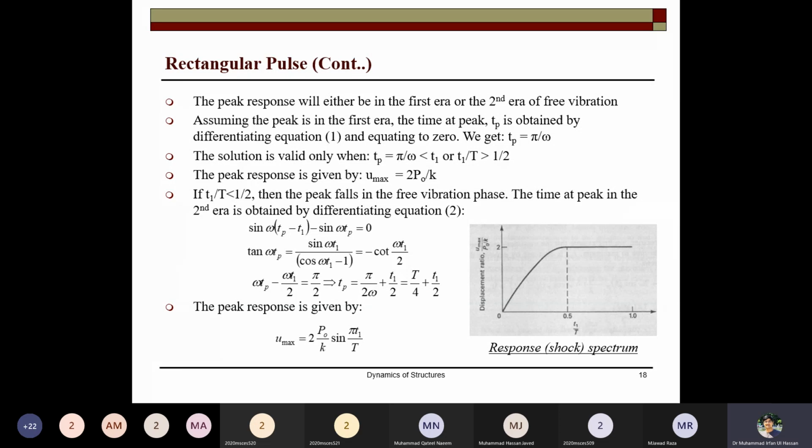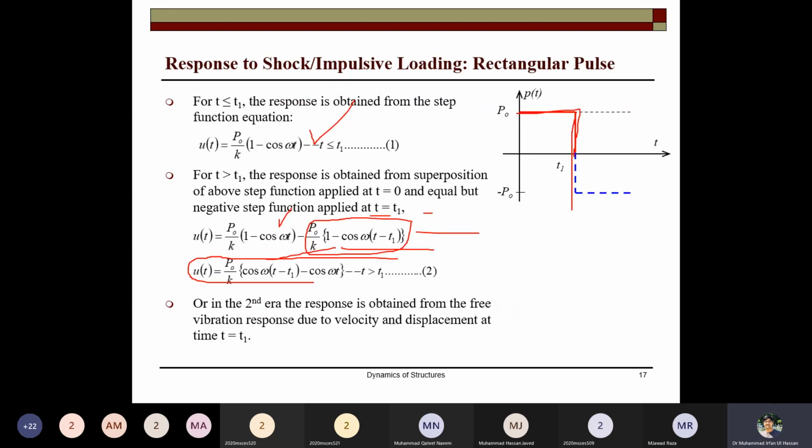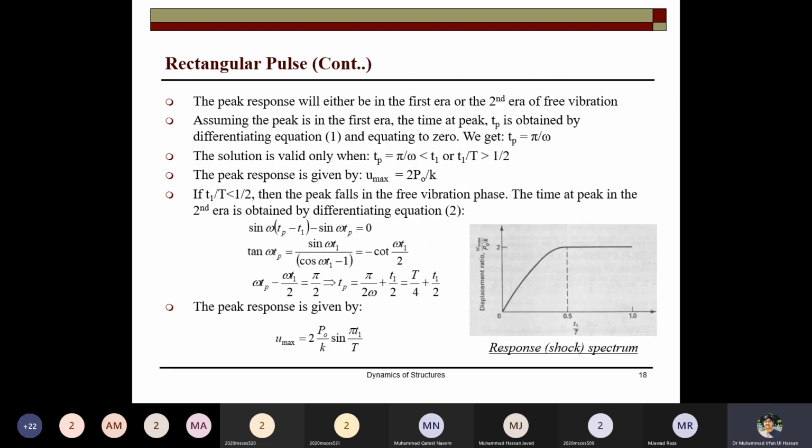Response spectra, directly some curve is given. And for the rectangular pulse that you have seen here, the response of this pulse is shown in this graph.